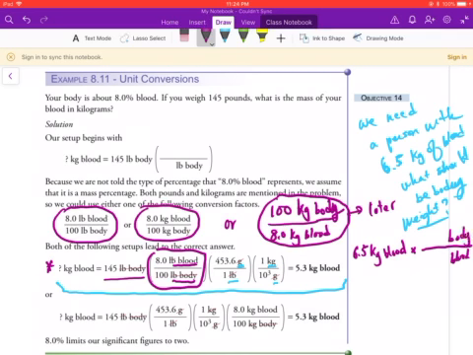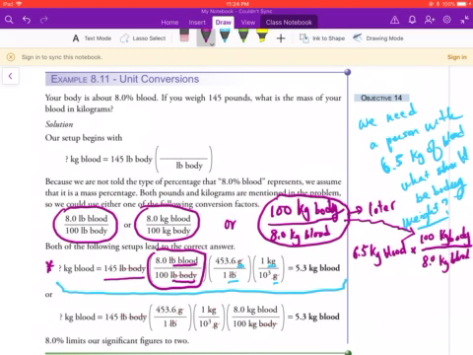This time I need kilograms in both of those mass units. This conversion factor goes there: 100 kilograms of body on top, and 8.0 kilograms of blood on the bottom.